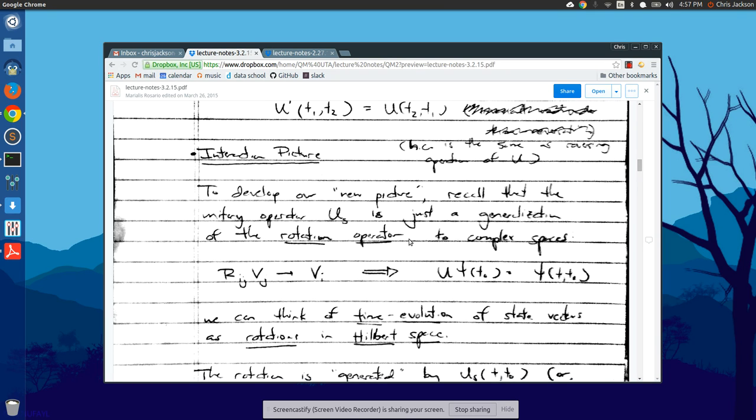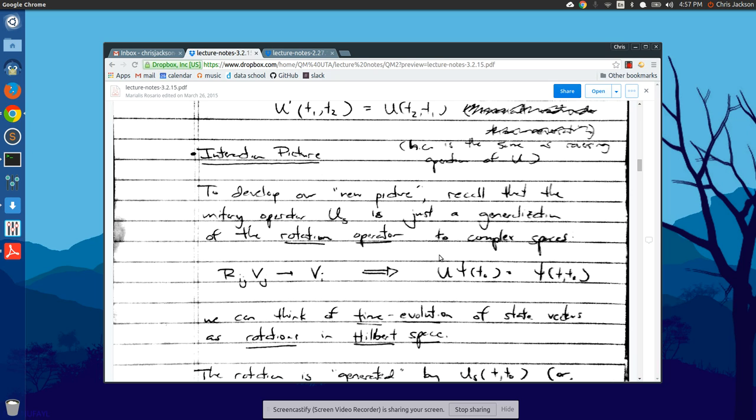So basically the way we want to envision this is to recall the fact that unitary operators, or time evolution operators, we can always think of as coming from the generalization of a rotation operator, right? So in normal Euclidean space, these operators rotate the state into another state, right?